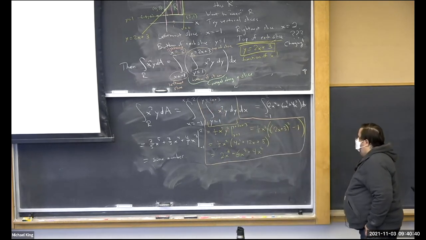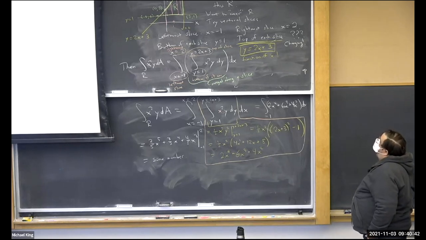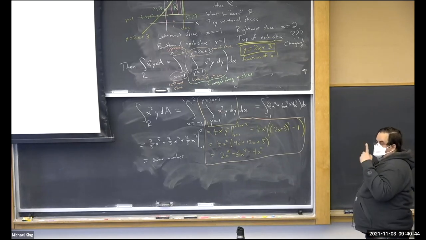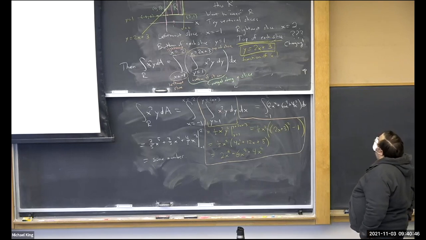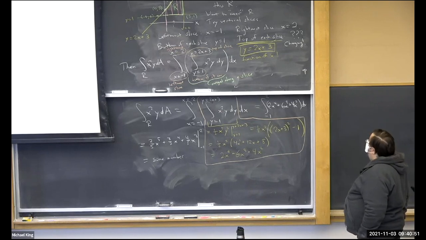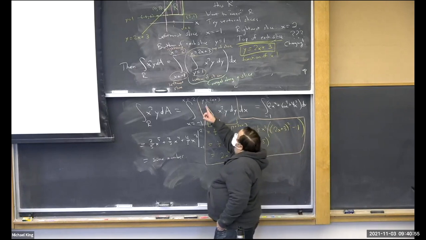But okay, we could have also done this with horizontal slices and see if we get the same answer. I do think we would have something ugly cubed if we integrated the x here first, so I don't necessarily want to do it.